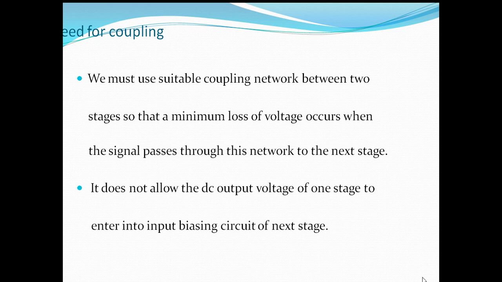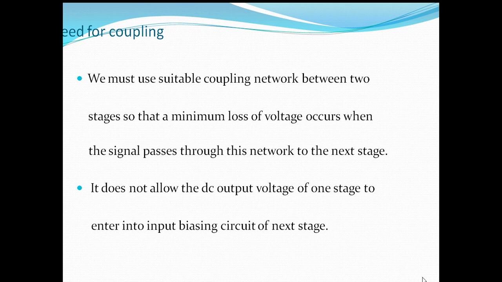And one more, it does not allow the DC output voltage of one stage to enter into the input biasing circuit of the next stage. This is also one of the important topics while we need to couple with the next stage. Since we are dealing with small signal amplifiers, it deals with AC signals. So whenever we couple one stage to another by AC coupling, there must not be any entering of DC.